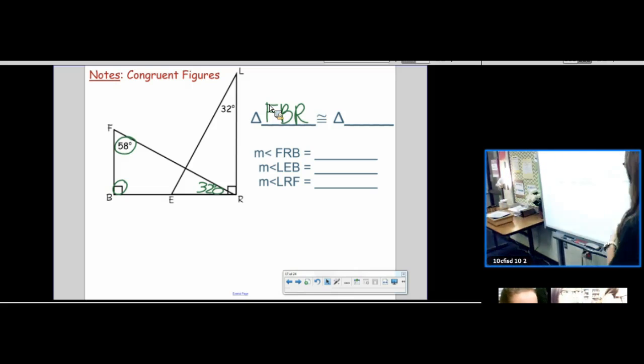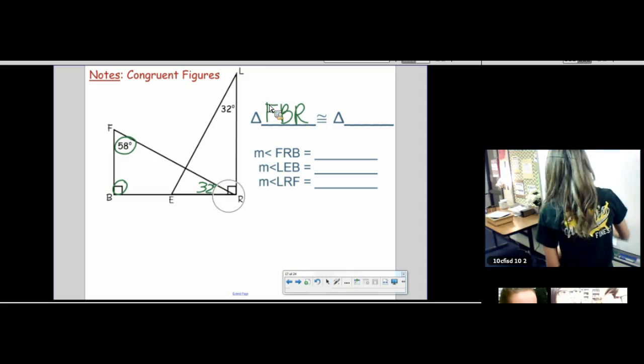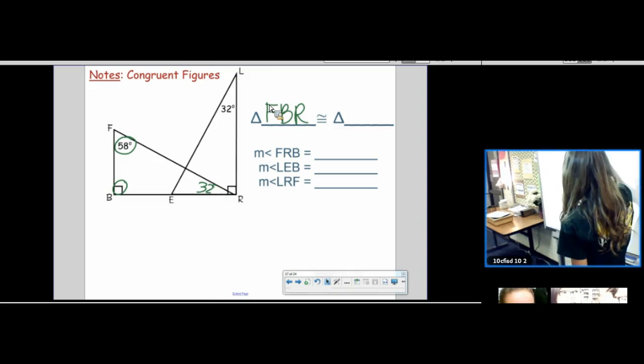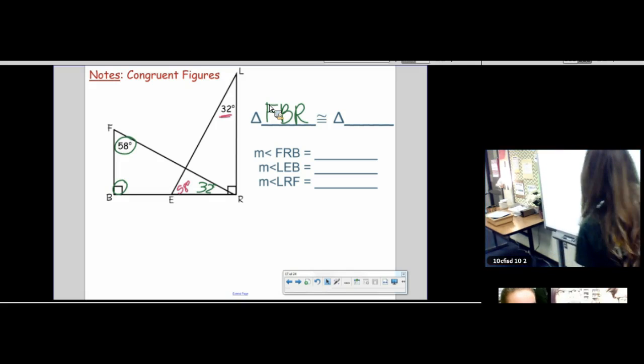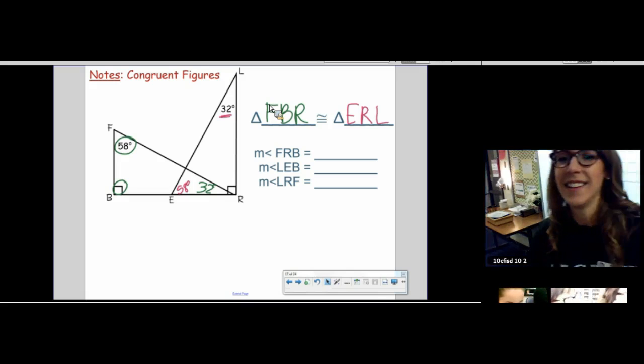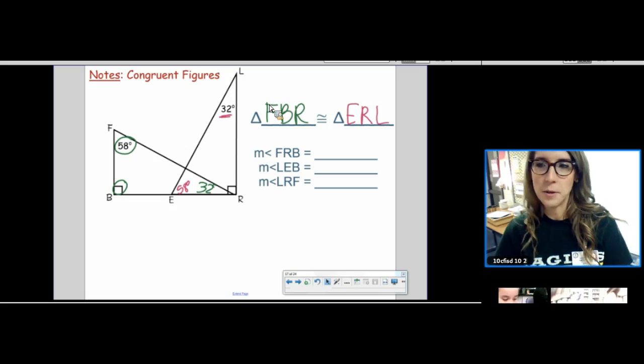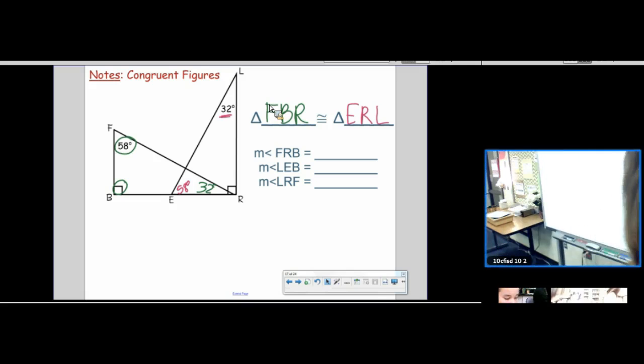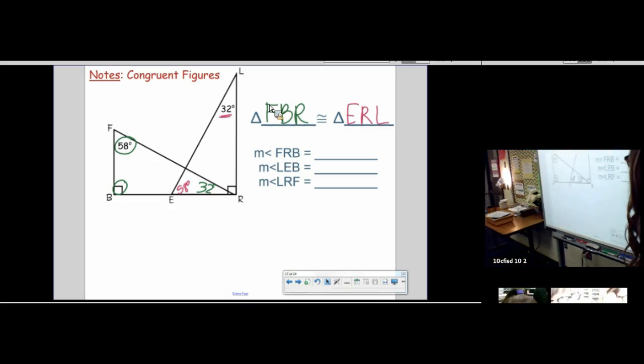Even though these are overlapping, you can still do that. So if this is 32, then that's our 58. I'm going to name the 58, the 90, and then the 32. Earl. FBR is congruent to Earl. I like trying to say words out of the names of the triangles.